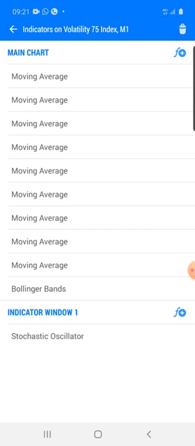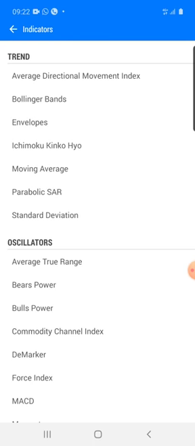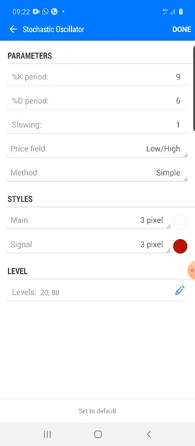Then the next indicator is still the same stochastic indicator, but this time we're overlaying it. Now to overlay it, you see there is F plus at the top and F plus at the bottom. You're going to click on the F plus at the bottom, this indicator window 1. That's where we're putting it. So not on the main chart, but on the indicator window 1. So I'll click on this particular one, then I'll click on stochastic oscillator again.